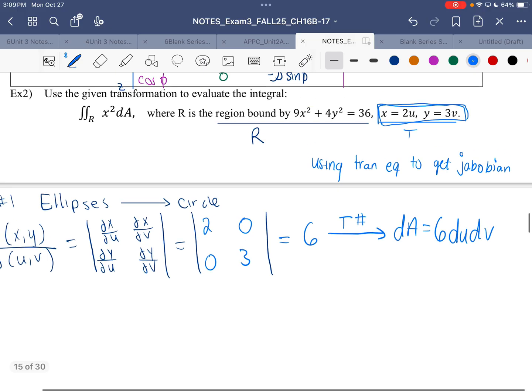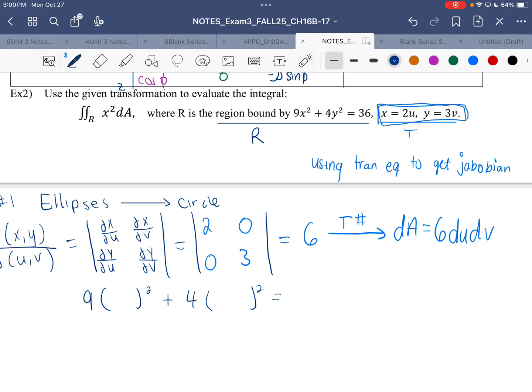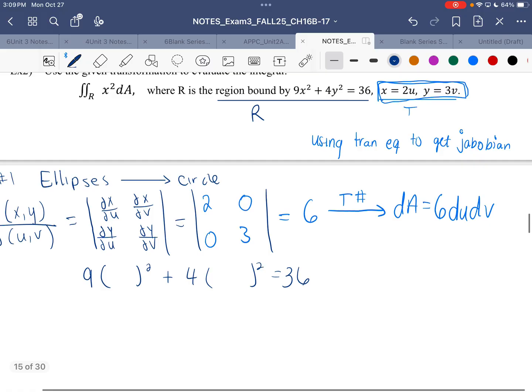All right, we're trying to integrate this elliptical region. We also have to figure out how it will transform from elliptical into circular. So the 6 is just the multiplier in the area.